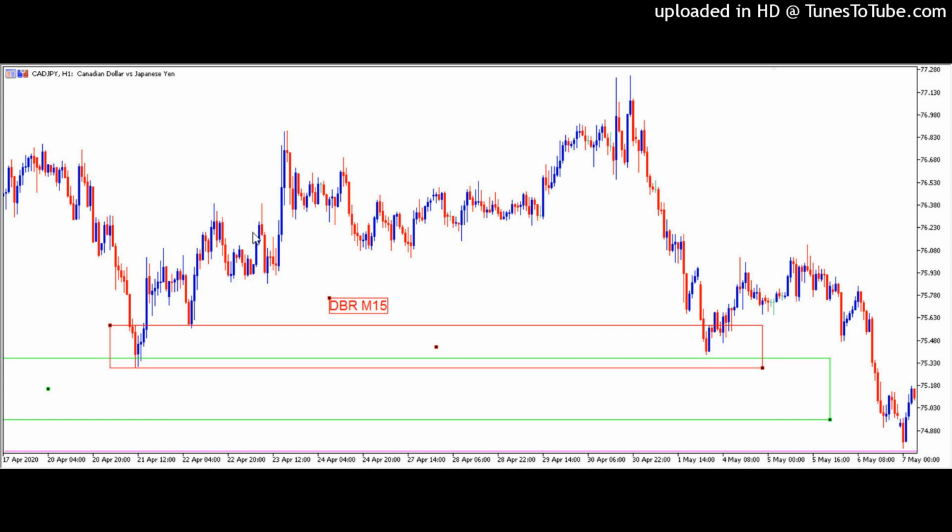So when the London session starts, the institutional speculators will see there's a lot of liquidity above the accumulation, so they would manipulate prices to go higher like it has in this example. This will then trigger all of the buy orders which are above the accumulation and pair it with the sell orders of the institutional speculators who are trading in the London session.